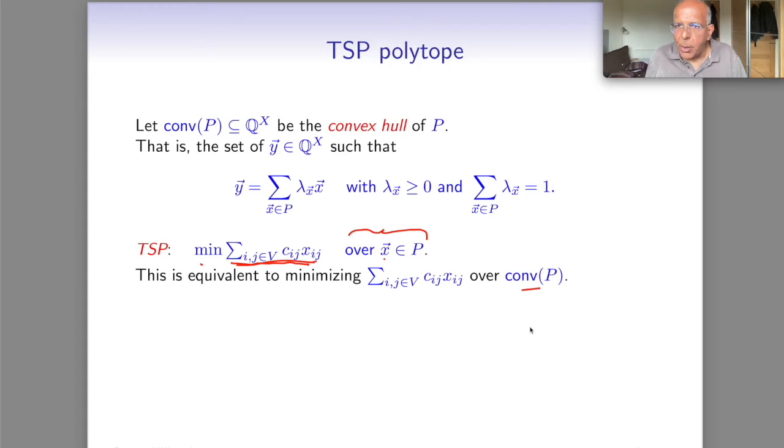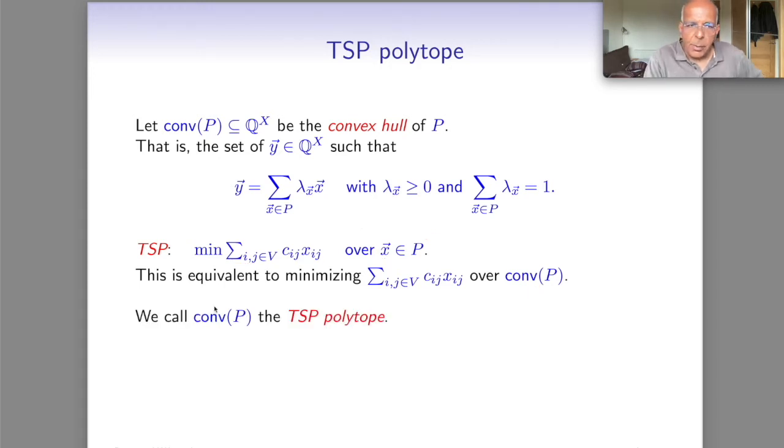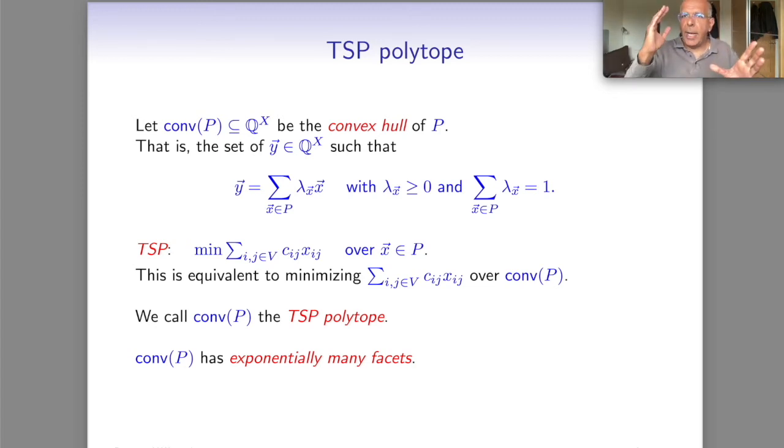Why doesn't this give us a polynomial time algorithm? Well, the point is that this polyhedron can be described by a collection of linear constraints, but the number of constraints we need is exponential in n, the number of vertices. So this has exponentially many facets. A facet is the hyperplane which describes one face of the polyhedron.